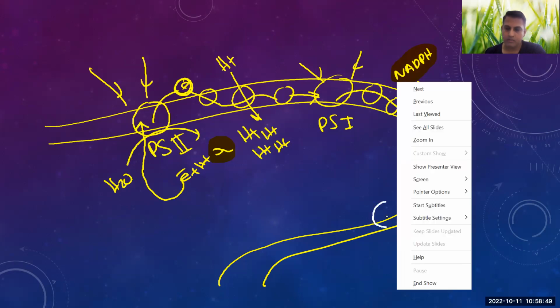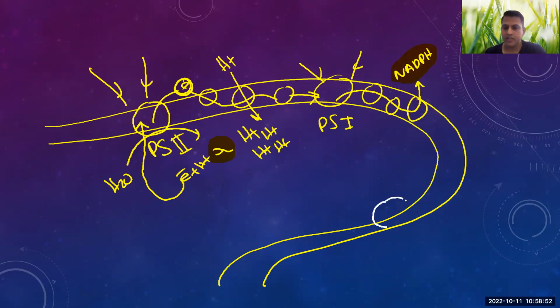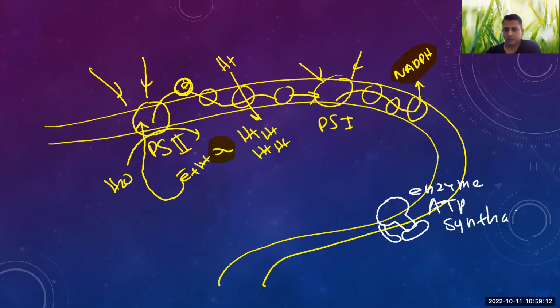This enzyme complex is located in the thylakoid membrane like this. This is an enzyme. The name of the enzyme is ATP synthase.